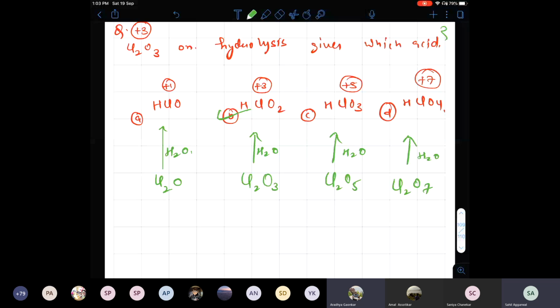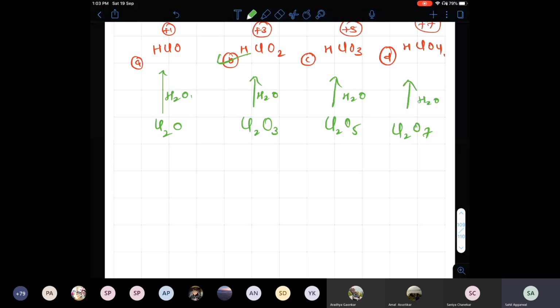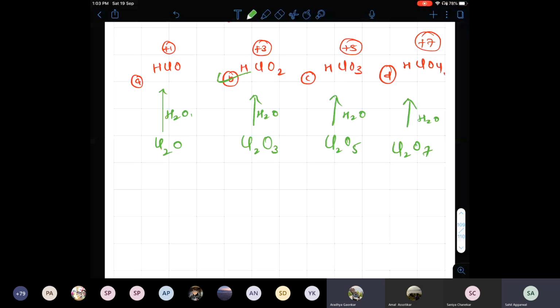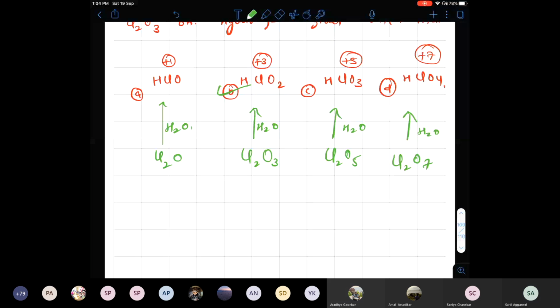So how is the oxidation state for HClO3 +5? So for Cl in HClO3 it is +5. What is the charge on hydrogen? +1. What is the charge on 3 oxygen? -6. Okay, sir. All these hydrolyses are correct.